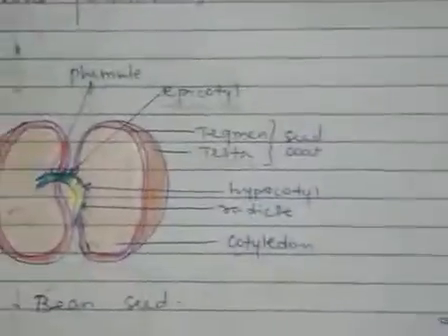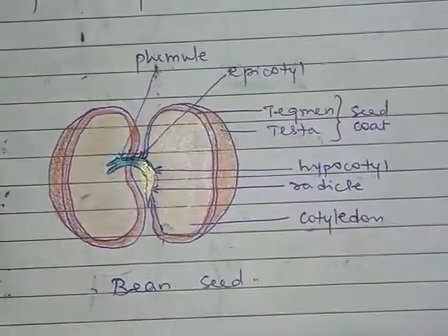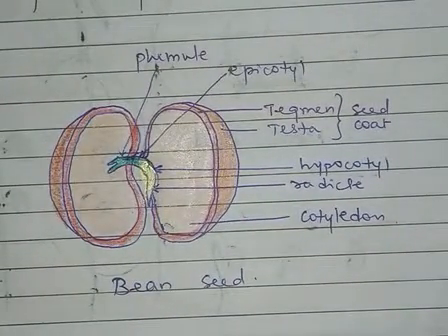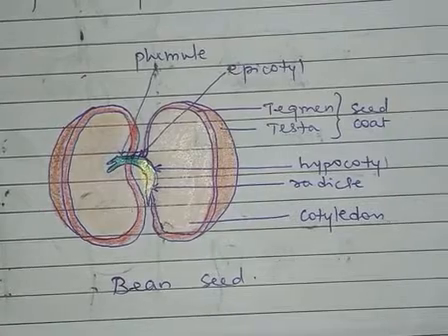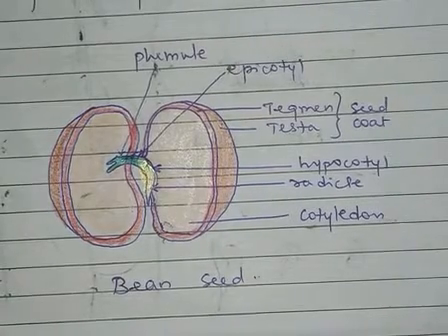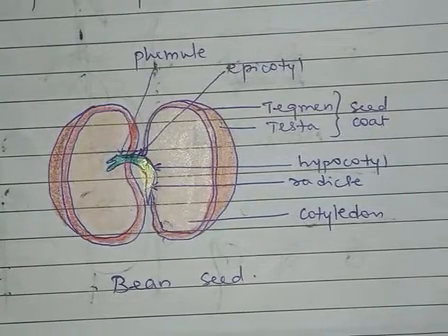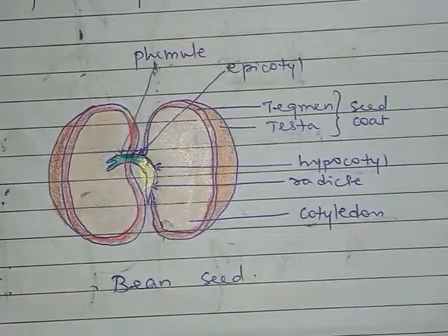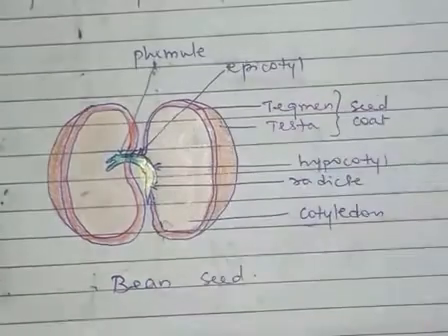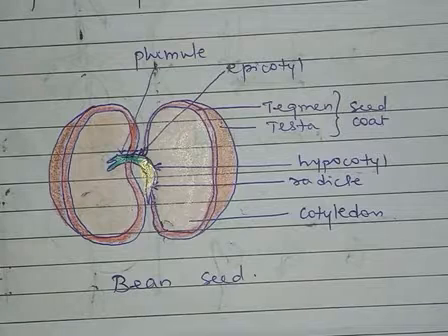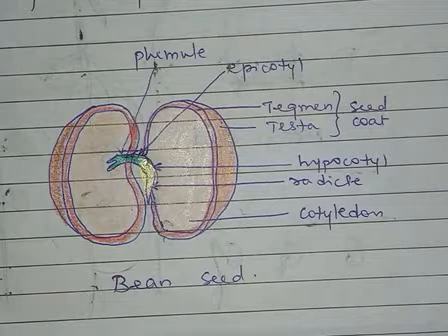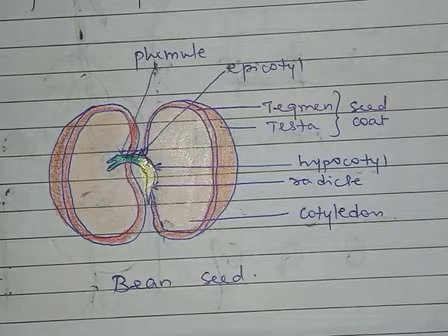Fine. With this diagram itself, I will try to explain to you. See, I have told you which region is called epicotyl and hypocotyl. Now one thing you should remember, that the epicotyl and hypocotyl are not going to elongate at a given time. Either the epicotyl will elongate or the hypocotyl will elongate. Both are not going to elongate.